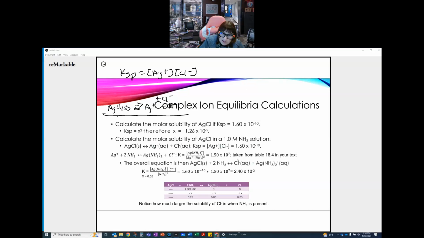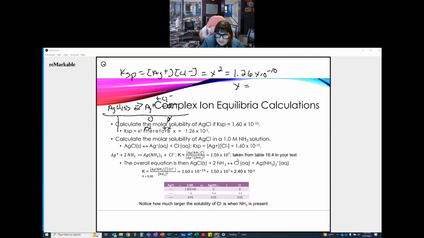And of course, we don't care about the solid, so that isn't going to matter. Both of those start as 0, and we're going to end up with a plus x and a plus x there. And so that's how we get x squared equal to 1.6 times 10 to the minus 10. Sorry, it's 10 to the minus 10th for the Ksp.